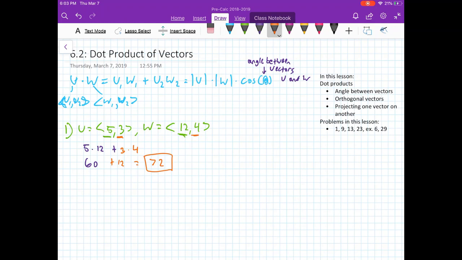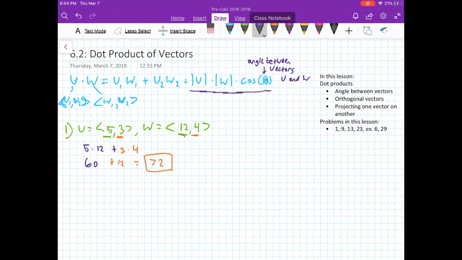So now if we know how to do the dot product of vectors, how to take the effect of one vector and multiply it onto another vector, we're also going to figure out the angle between these two vectors through another means of expressing it. Now let's look at this second bit down here. Let's use this purple color. The magnitude of u times the magnitude of w times the cosine of theta.